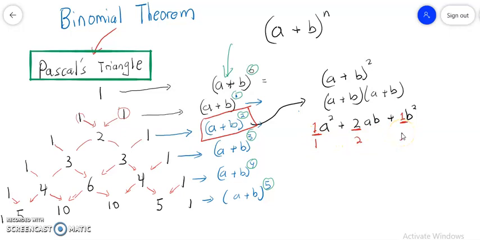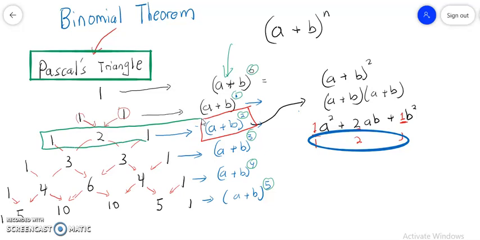This is related to the second row here. Let me circle it in a green color. Now you can see this 1, 2, 1. I hope you can understand this.